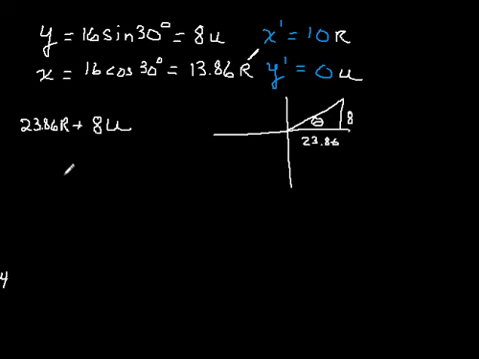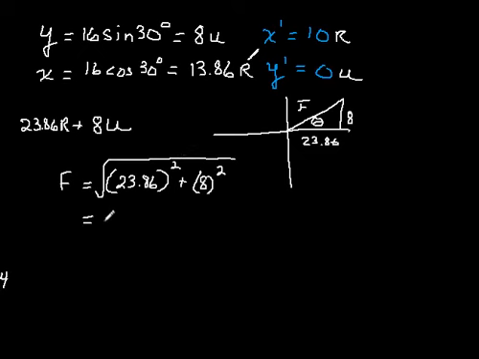So using the Pythagorean theorem, we're going to get our force, call that F. So our force is equal to 23.86 squared plus 8 squared, and then we would take the square root of it. So our force is 25.17.